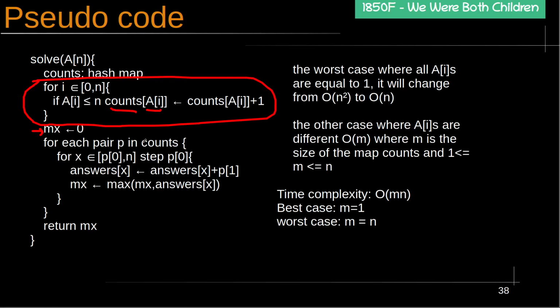For each pair, as you see, a map contains a pair of key and value. Here it's C++-like, but it depends on the language in which you implement your solution.